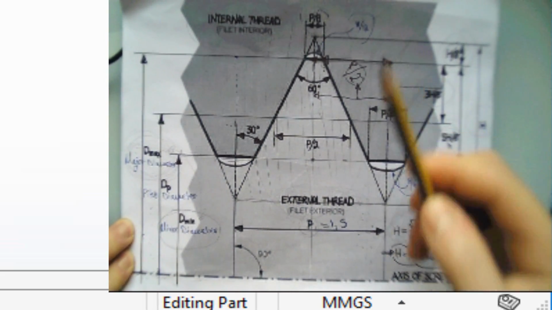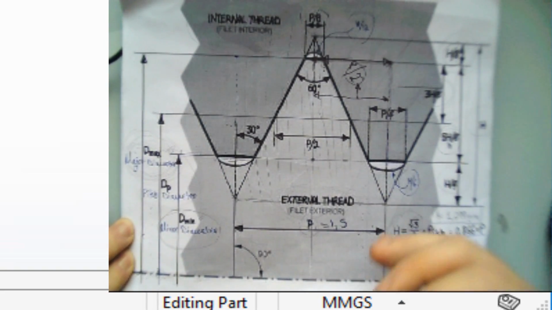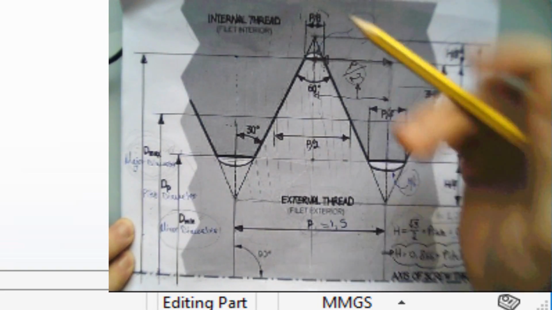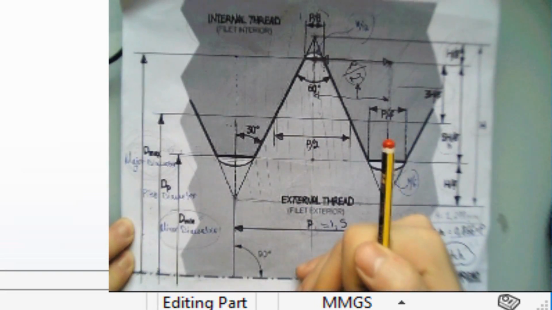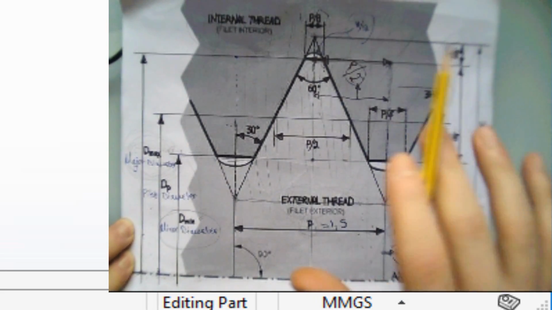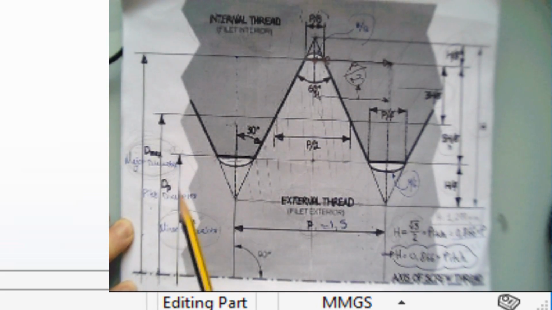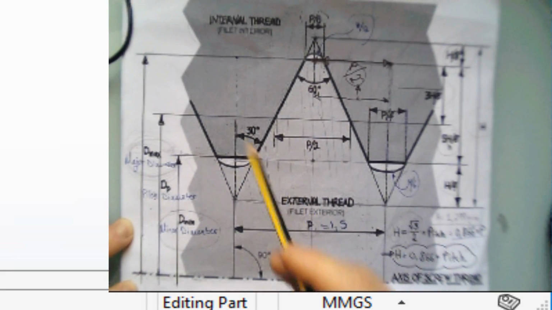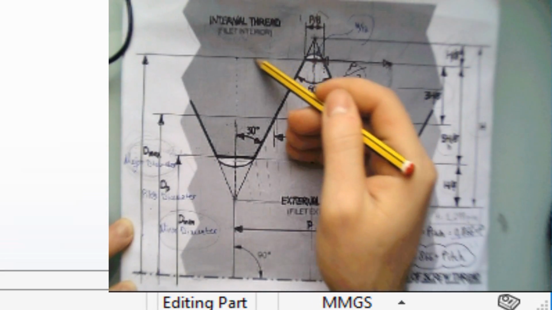But in the previous tutorial, on the bolt tutorial, which explained how to create the screw, we designed the nut thread. So this might confuse you. So right now here, my major diameter is from the center of the bolt until the end of the threads.